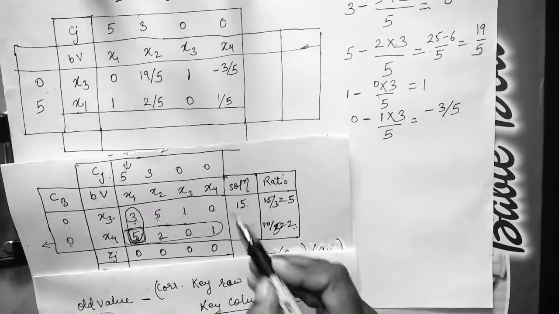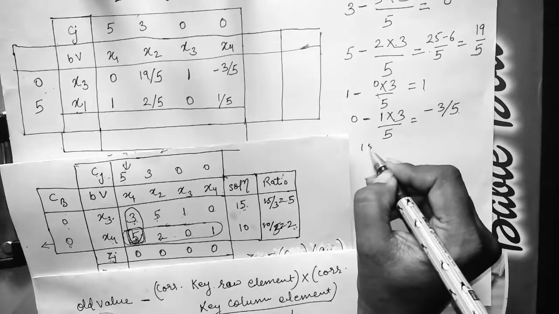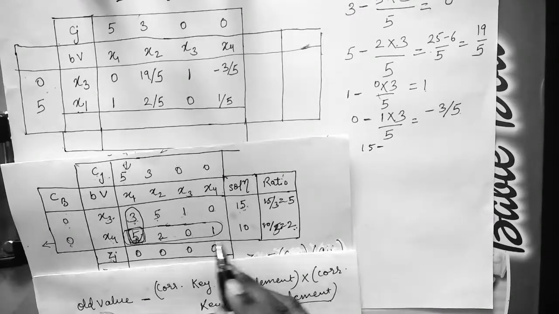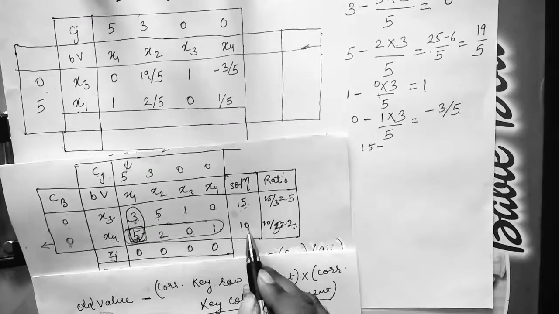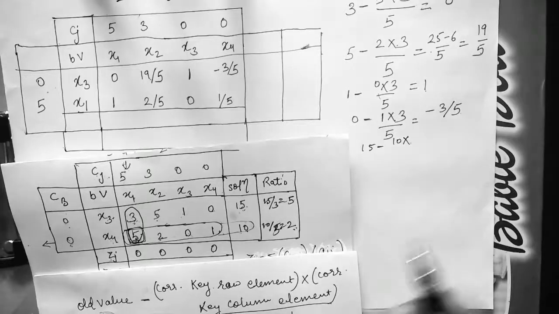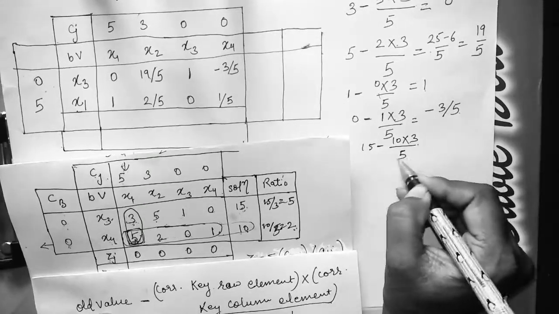Now the old value is 15. Here come to the solution. This is 15 minus corresponding key row element 10, this 10 into key column element 3 upon 5.